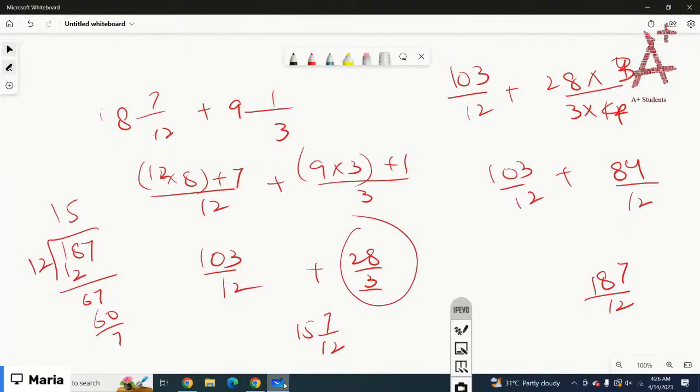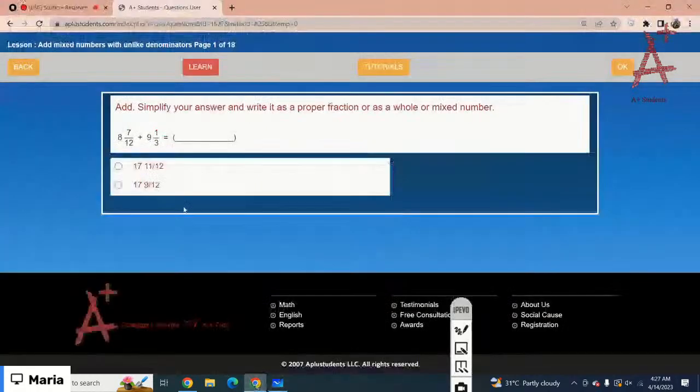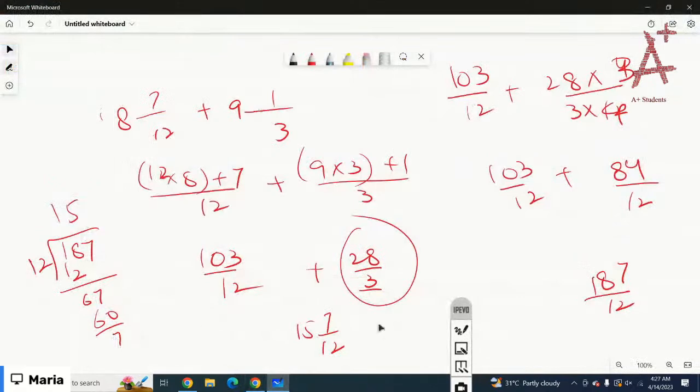So 28 times 3 is 84, 84 over 12. 103 plus 84 is 187. 187 divided by 12, no, the correct option is 15 whole 7 over 12. Got it? That is the correct option.